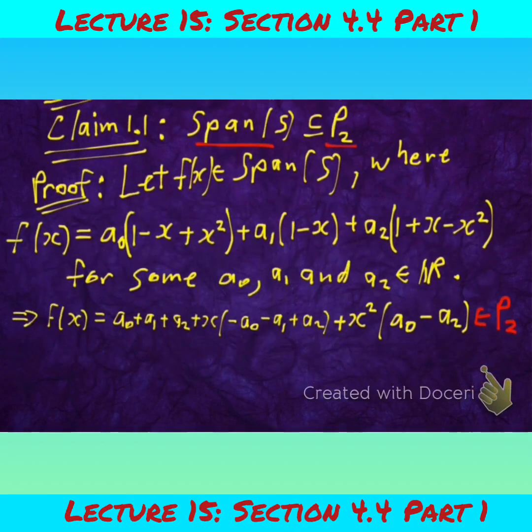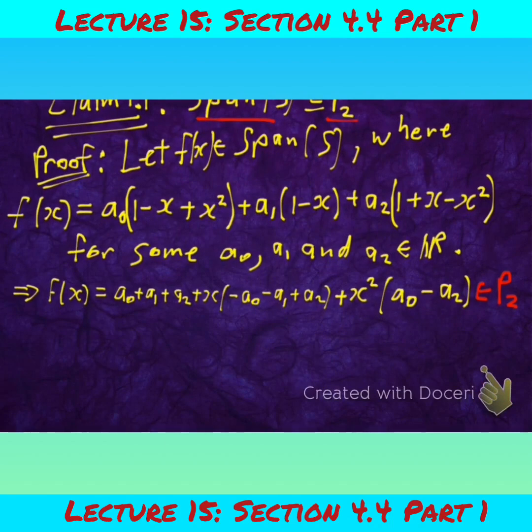Okay, so now let's carry on. What's the next thing we need to do? We need to make the following claim. Claim 1.2. I'm now claiming that, hence, the span of a given vector set will always be contained in the vector space.